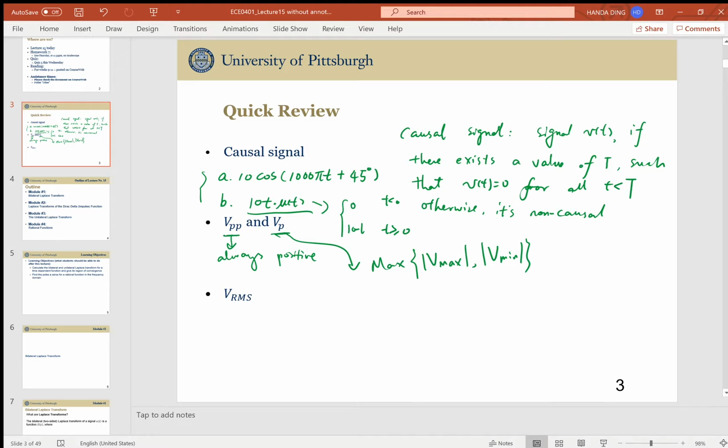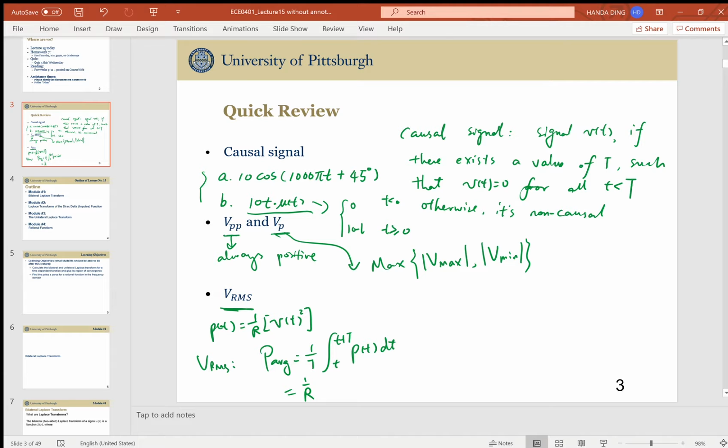All right? And how about RMS? You'll use that a lot in your circuit class. Any guess? So if our power is described as v squared over R, then V RMS is nothing more than the P average in a period T, doing the integral over your power.